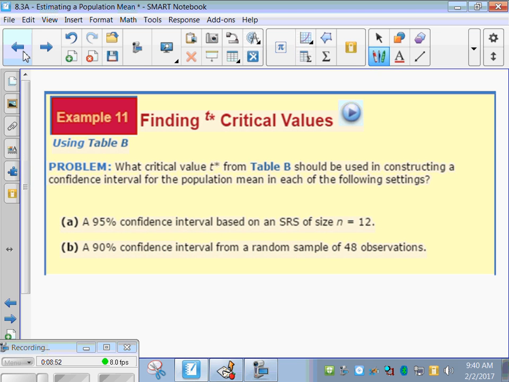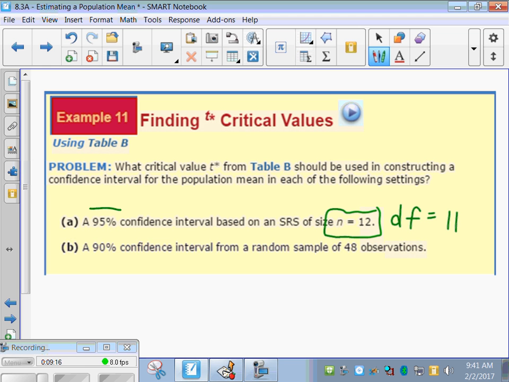All right, so let's say we want a 95% confidence interval based on an SRS of size 12. First thing you always want to state is your degrees of freedom. So if my sample size is 12, DF, degrees of freedom, is 11. All right, it's always one less.